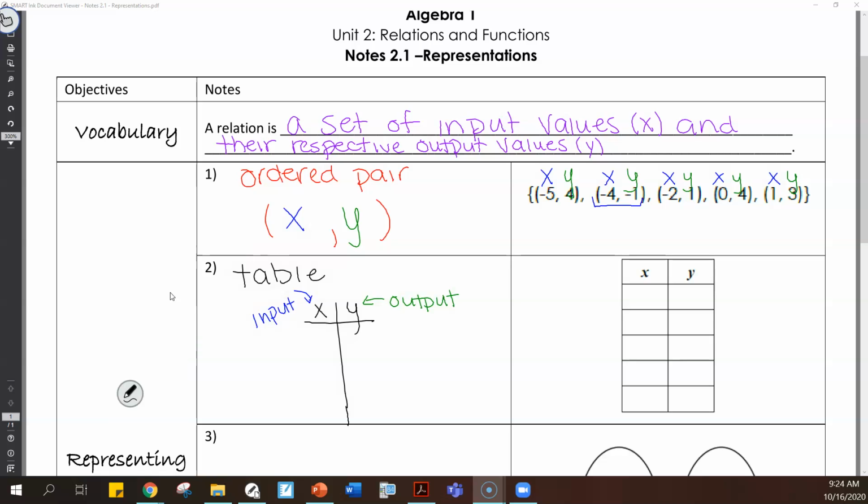The only stipulation I really have for a table is that it really can be in any order, but generally we like for the left-hand side, the input values, the x values, to be in order from least to greatest.